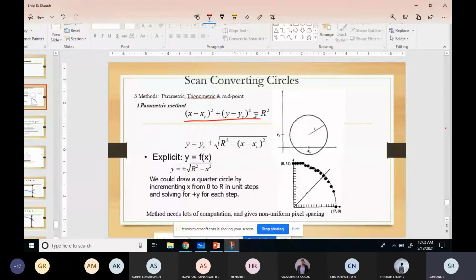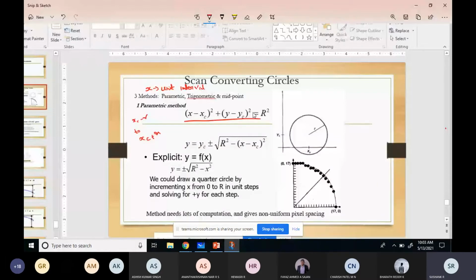Here also the x-axis will move in unit interval. So x will start from xc minus r to xc plus r, that is from the origin.